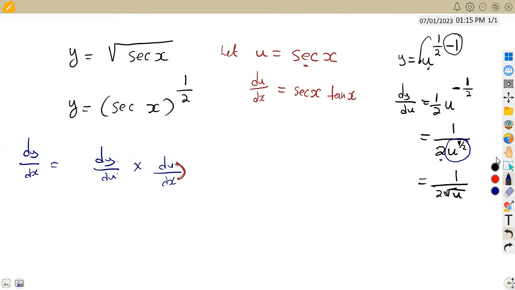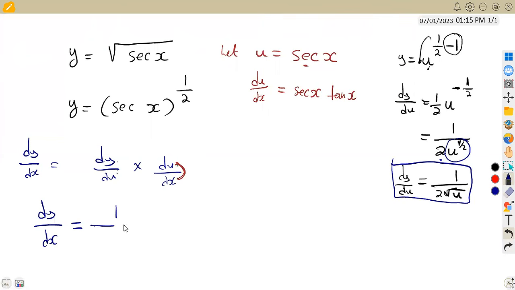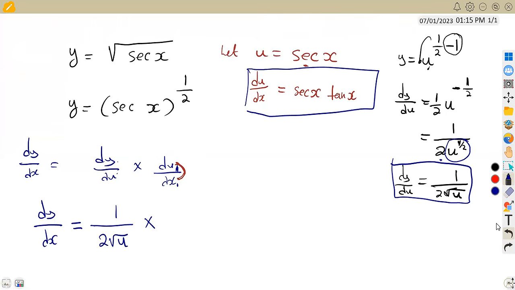All right, so let us bring this back to our formula. The derivative of y with respect to x is going to be, we substitute now our dy/du, which is the derivative of y with respect to u, which we got as 1 over 2 square root of u, times the derivative of u with respect to x, which we got as sec x tan x.